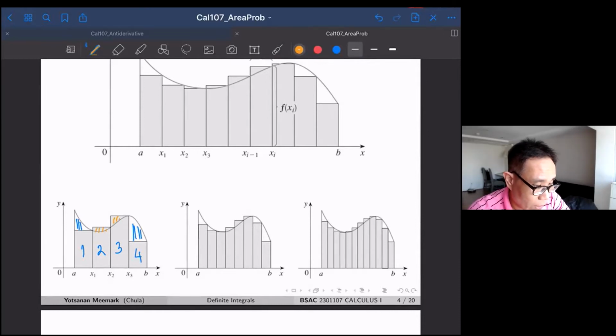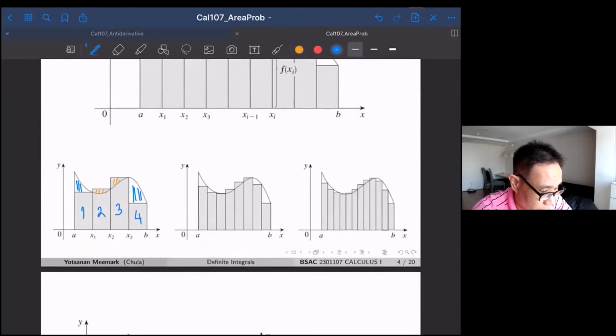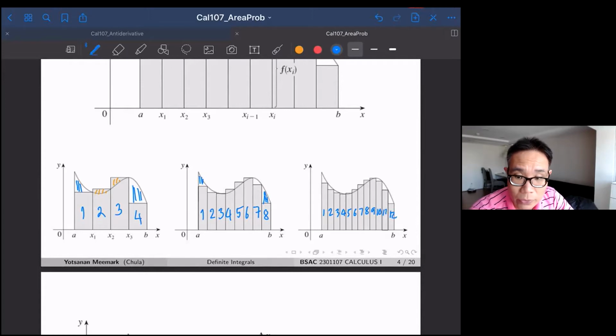However, if you divide the interval [a, b] finer, so this one turned out to be 8 pieces, you're going to get smaller error. And if you divide this into 12 pieces, like in this picture, you see that the error becomes smaller.